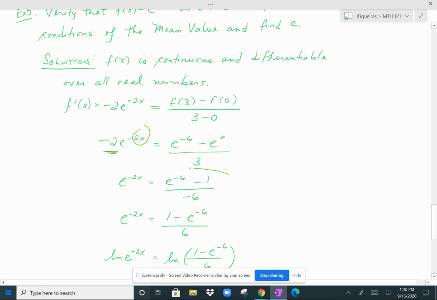So it goes away from the left side, but the right side, my denominator becomes negative 6. Because I have that negative in the denominator, I just multiplied numerator and denominator by negative 1. So I end up with 1 minus e to the negative 6 over positive 6.